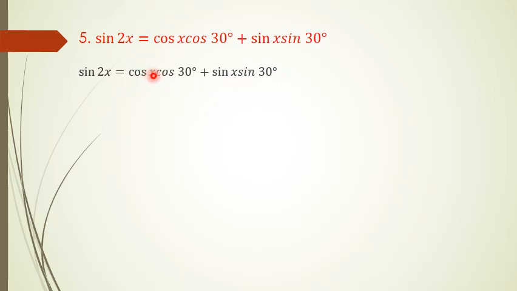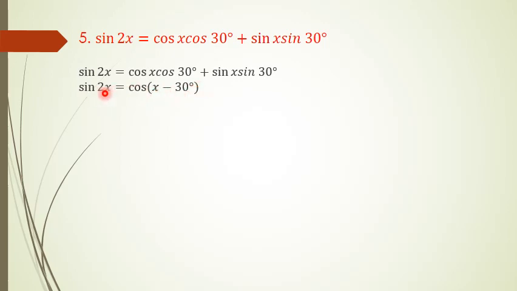It's cos A cos B plus sine A sine B, which is the right hand side of one of the compound angle formulas for cosine. Remember, this one is the one where we have to subtract the angles. So using the compound angle formula, we have sine 2x equal to cos (x minus 30 degrees).